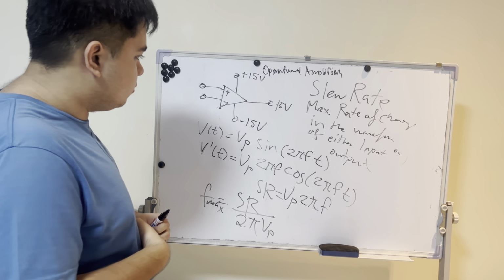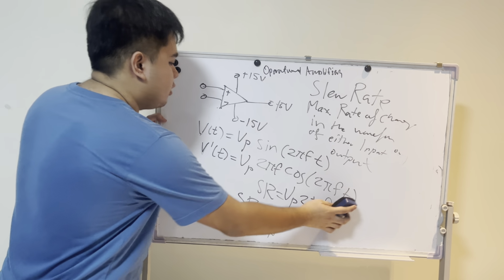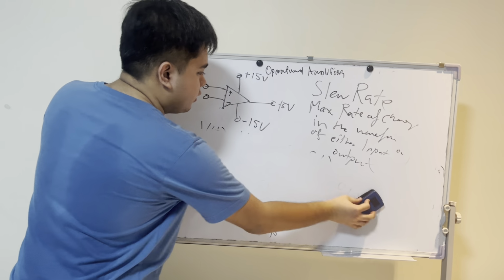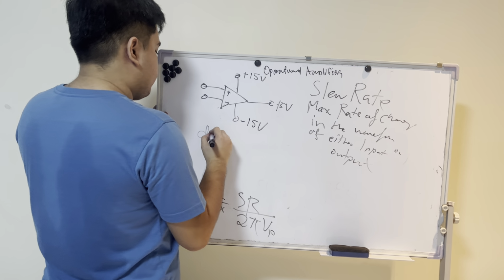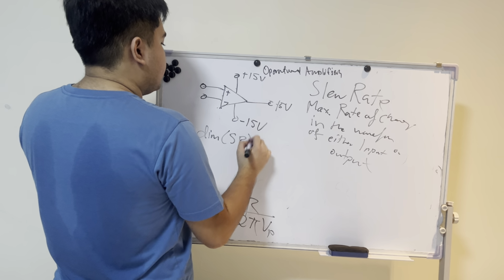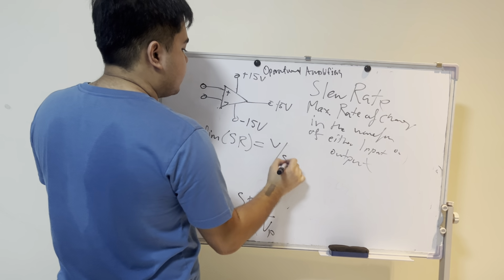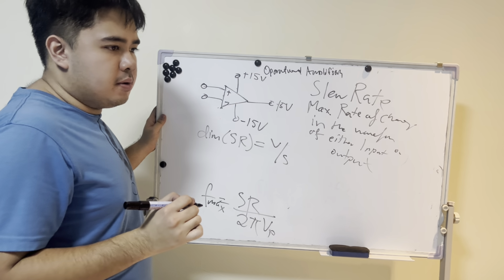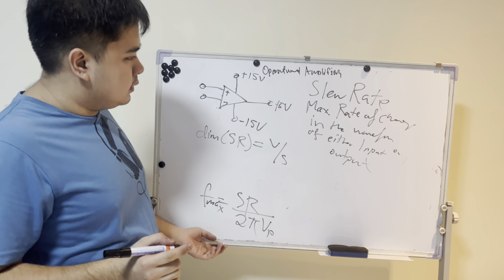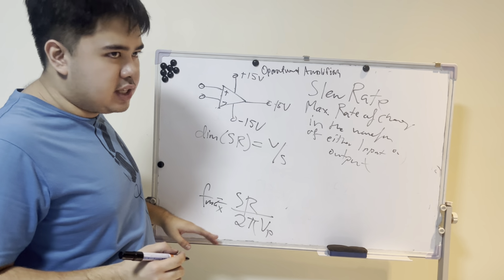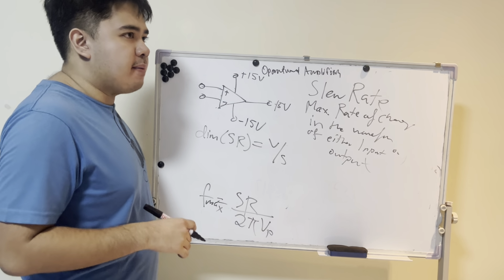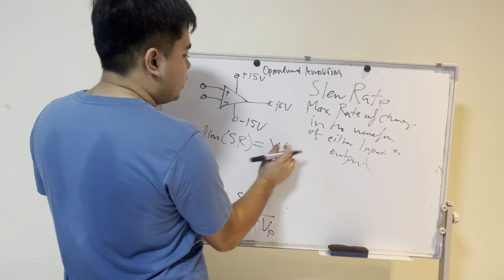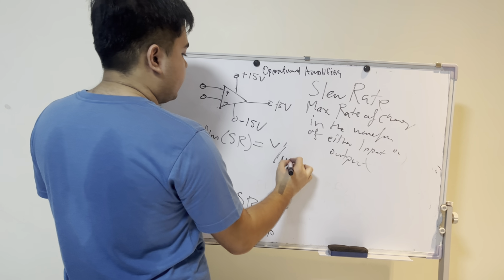The unit of slew rate is volts per second. But in higher frequencies, we're dealing with much lower time periods, so you also use microseconds.